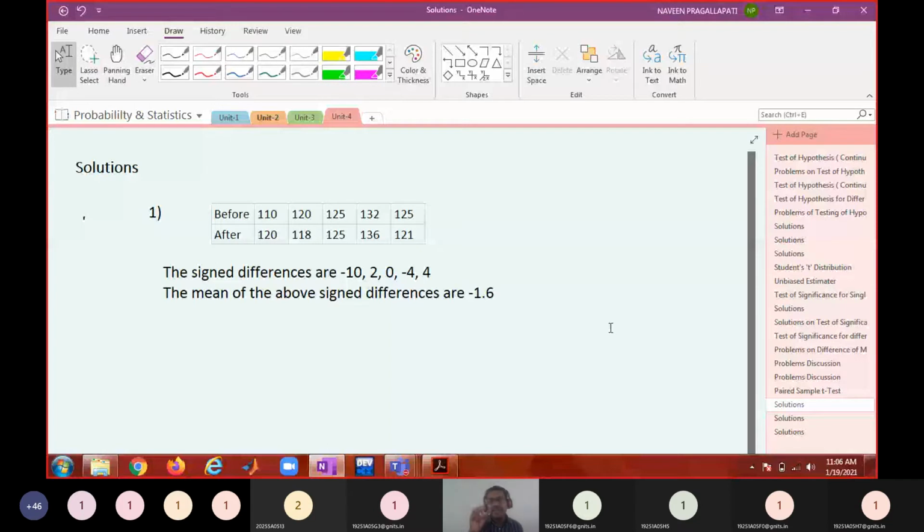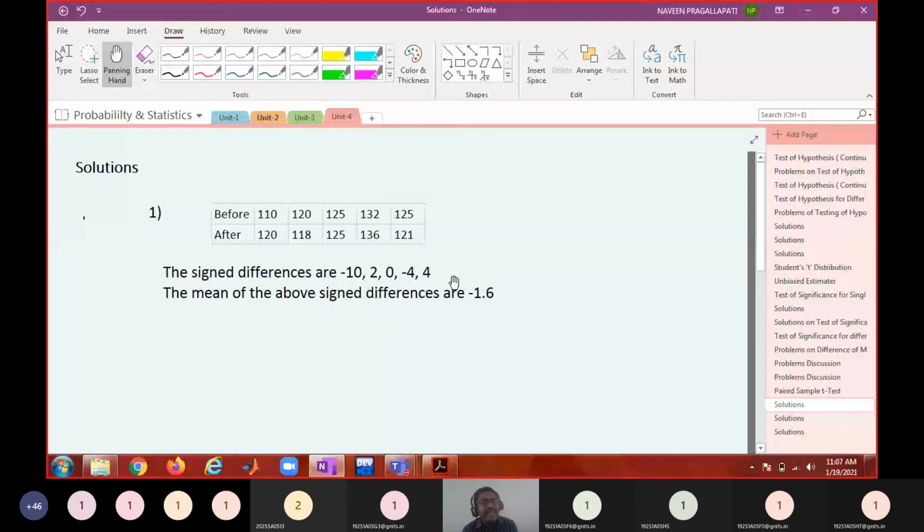If the negative value is significant, then we'll say it is an effective procedure. Here you are getting a negative value, so that's a good sign for us. That drug may be actually treating the patients well.